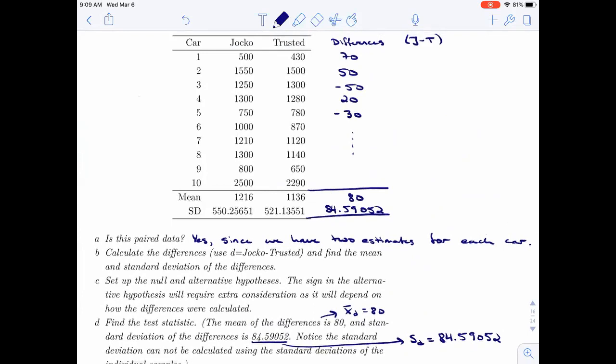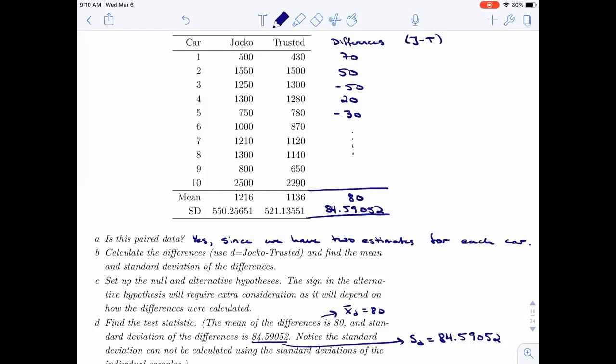One thing that people get kind of hung up on is that 550, I'm just talking about this one here. Because of how we calculate standard deviations, remember there's a square root in there, and so that's going to bungle things up. If we did 550 minus 521, you're not going to find that that's the same standard deviation, because standard deviations don't work that way.